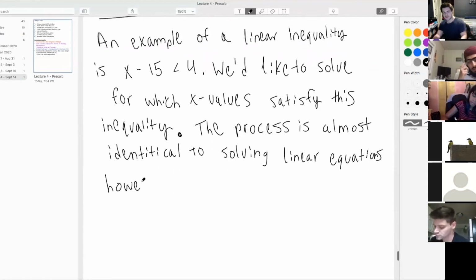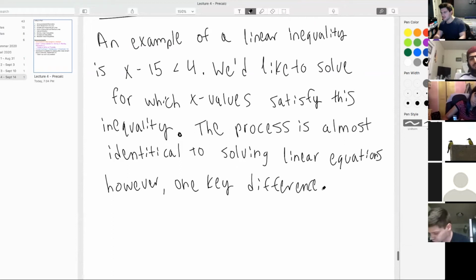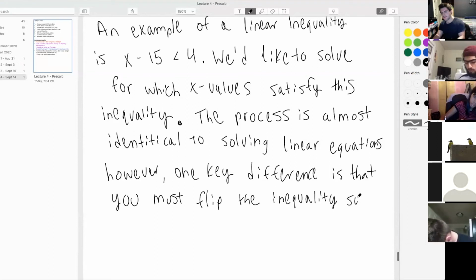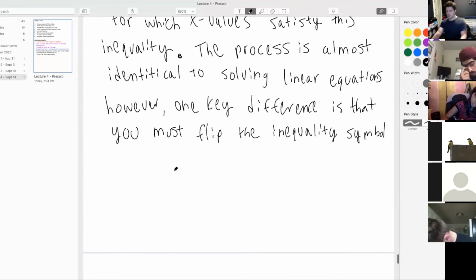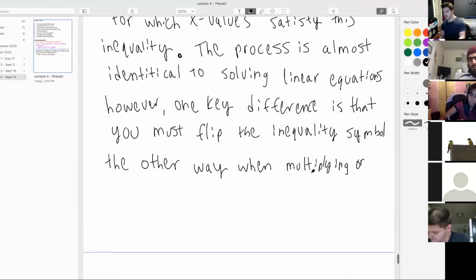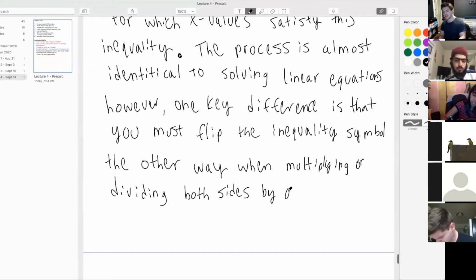Okay, however, here's the key difference. One key difference is that you must flip the inequality symbol the other way when multiplying or dividing both sides by a negative number.